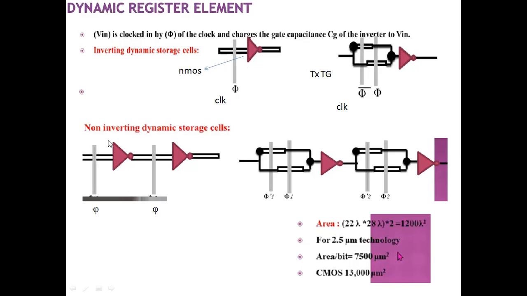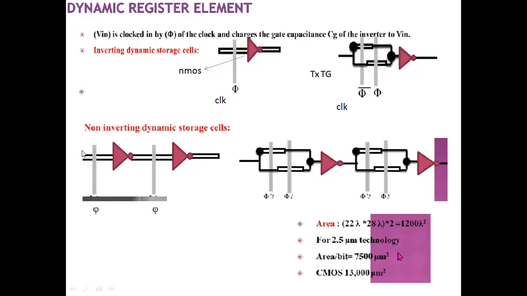When compared to the non-inverting dynamic storage cells, we again have the same structure here. Suppose this Phi 1 is applied to the transistor. If we have logic 1, then at the output of inverter 1 we have 0. This 0 acts as input for the second inverter. At the output of the second inverter, the same value will be present as that of the input.